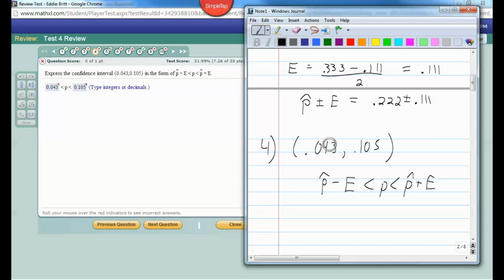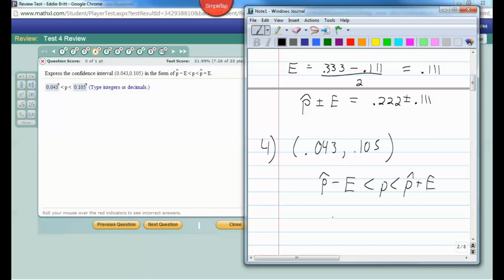Well, this lower limit is p hat minus e, and this upper limit is p hat plus e. So I don't have to find those, they're already in the problem.